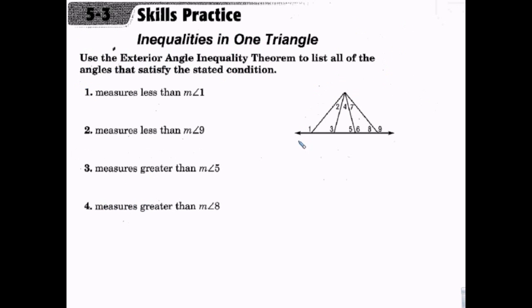Now I want to just go over this real quickly. If we figure out how many triangles we have here, let me use the highlighter again. We've got a green triangle, a yellow triangle, a blue triangle, and a red triangle.